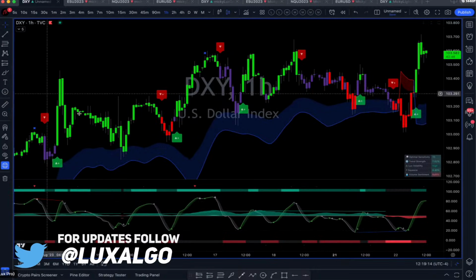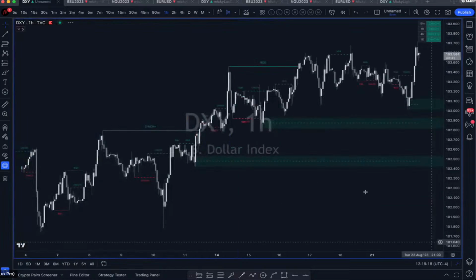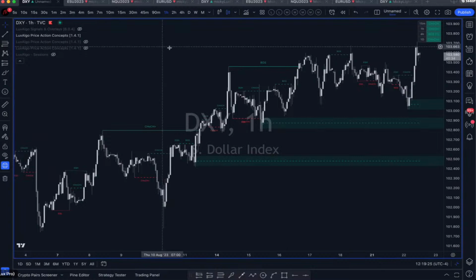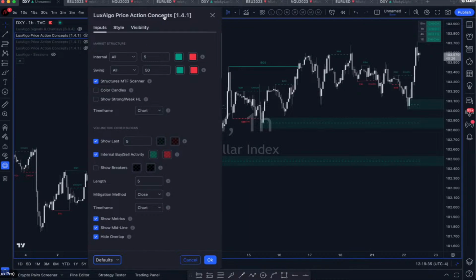Let me switch over to price action concepts. One indicator. Let's go over the settings. Same instrument, dollar index, 1 hour time frame on regular candlesticks. Set it to default just to make sure. Reset settings. In default, we have the internal market structures and the swing market structures enabled. Also enabled are the volumetric order blocks.